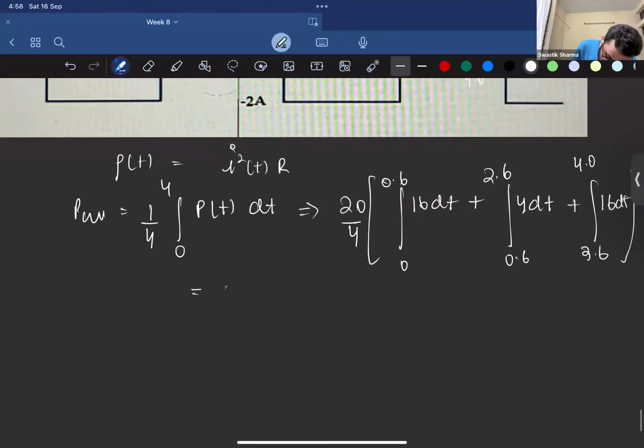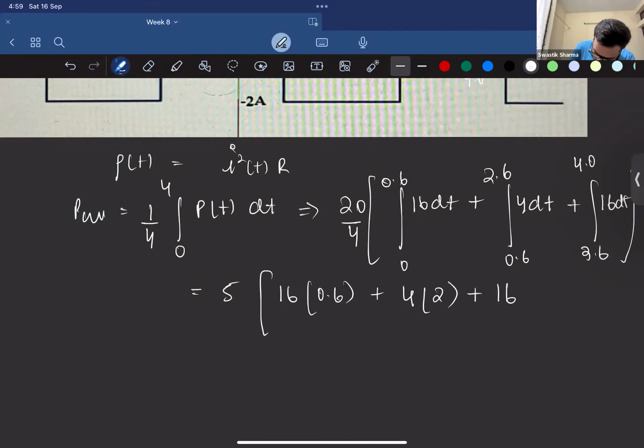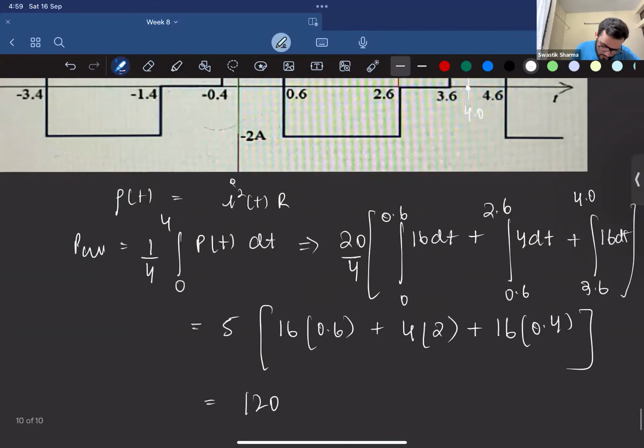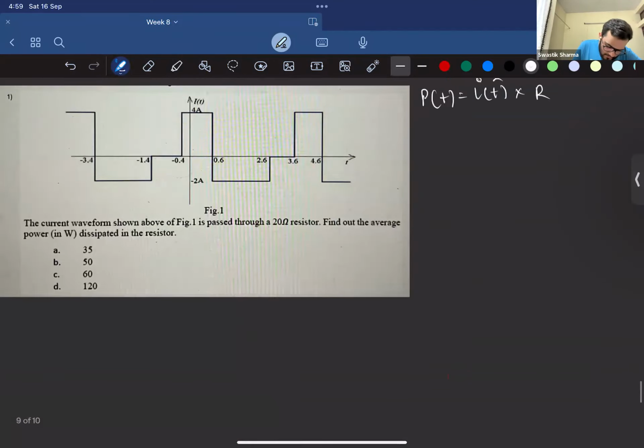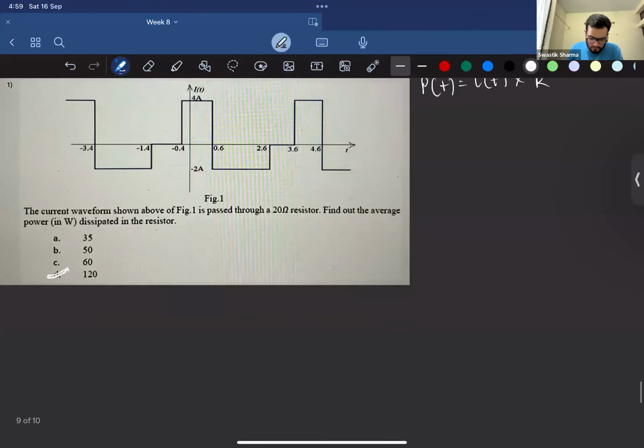So let's calculate this: 16 into 0.6 plus 4 into 2 plus 16 into 0.4. This comes out to be 120. That means the correct option is D.